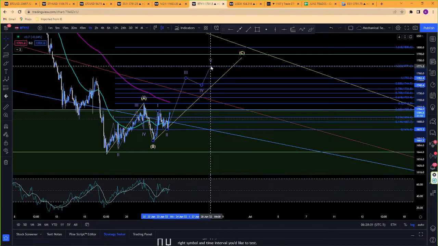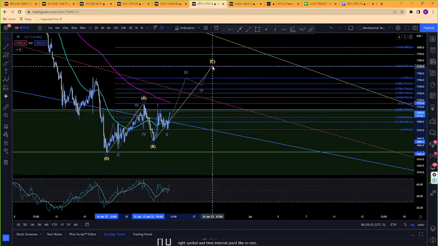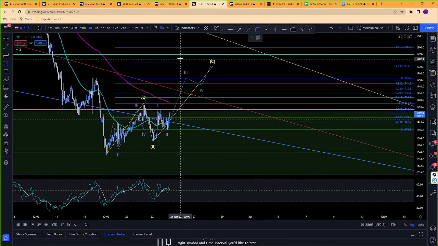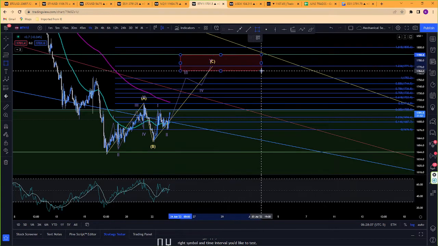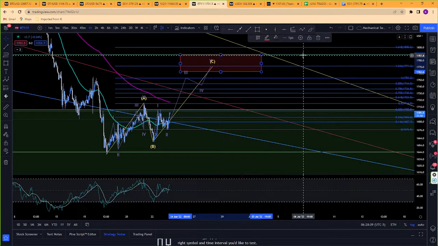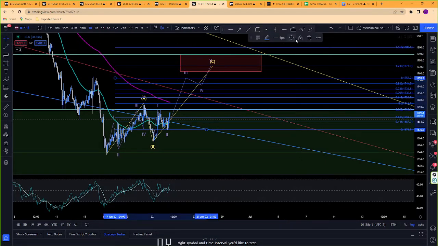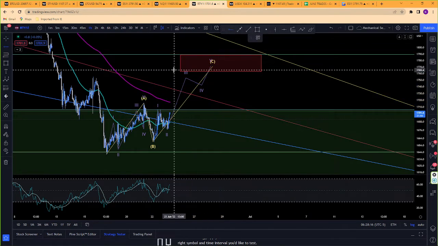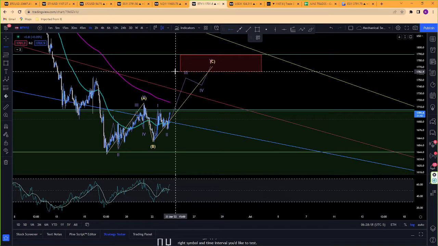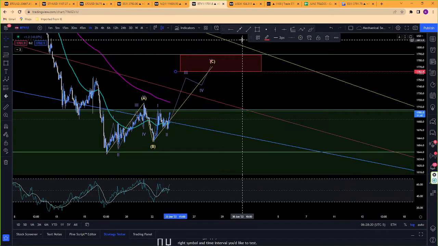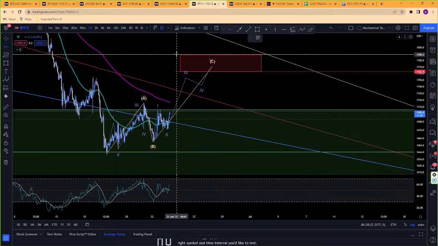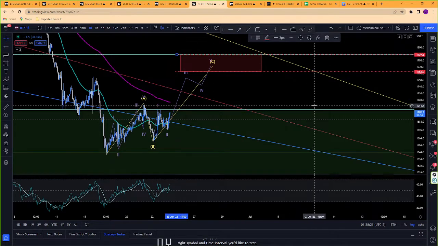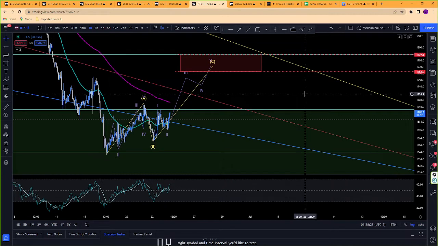Here you go. 236. Probably gonna catch a zone right here. There you go.